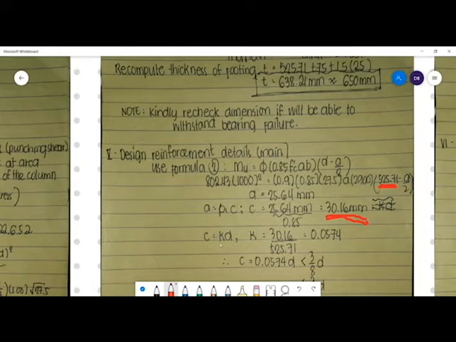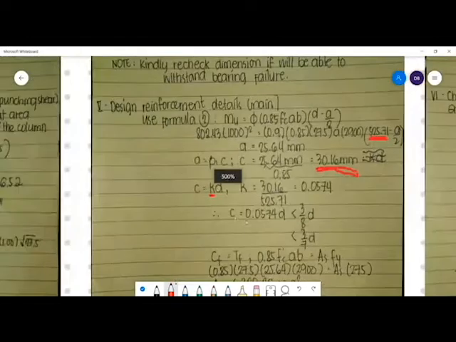So determine k: k is equal to 30.16 over 525.71, which is equal to 0.0574. So c is equal to 0.0574d. This is less than 3/8 of d. The 3/8 d is the limit for tension control, so this is tension controlled.